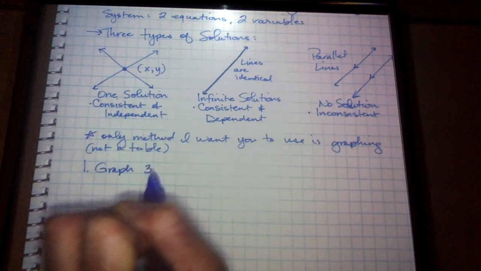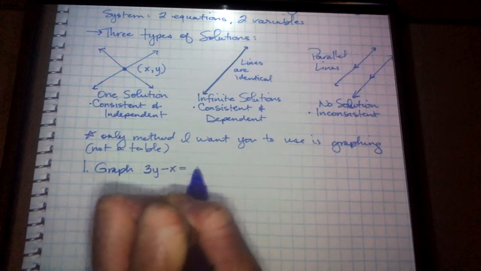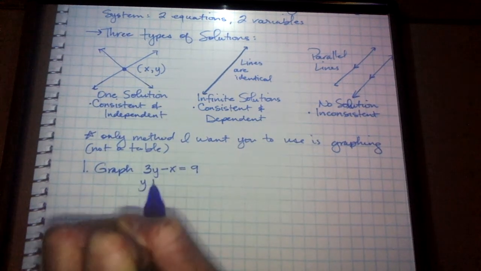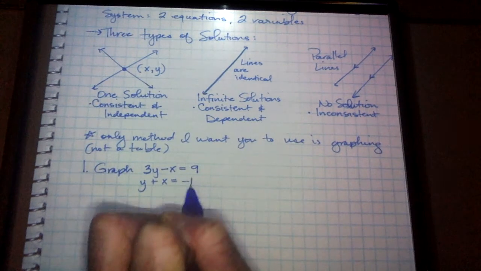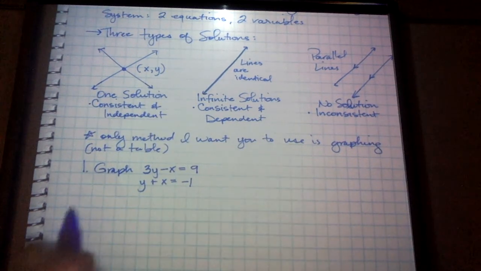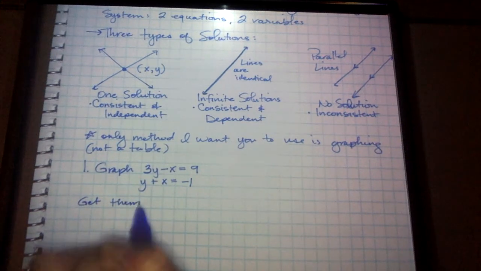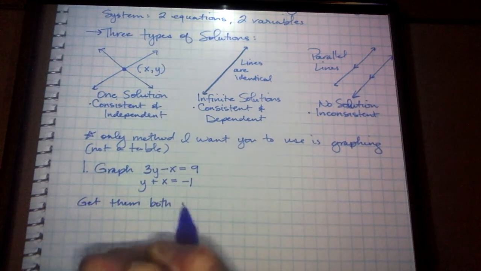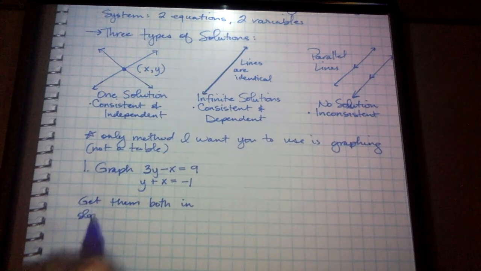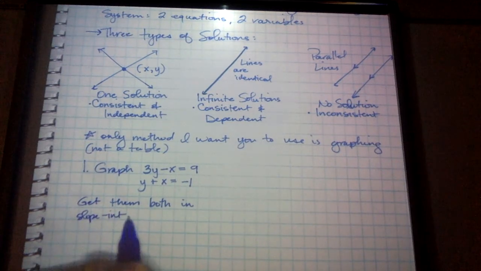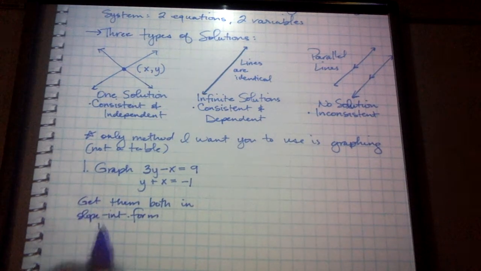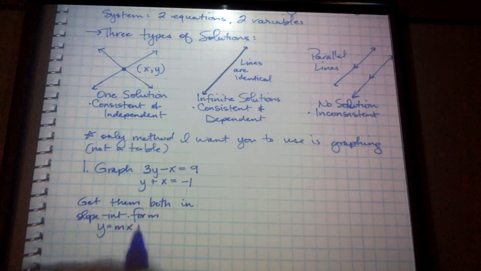here we go. 3y minus x equals 9, and y plus x equals negative 1. The first thing we're going to do is get them both in slope-intercept form, which is y equals mx plus b.